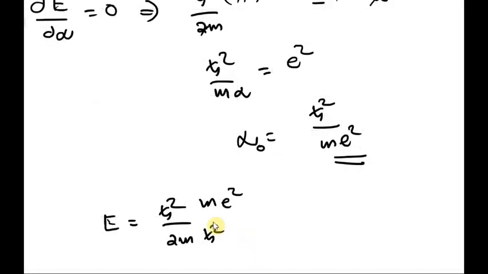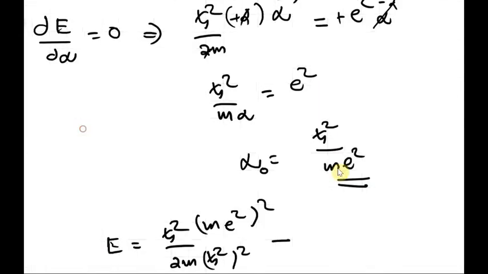Square of this quantity, minus e square by alpha, that is e square divided by h cross square by m e square.